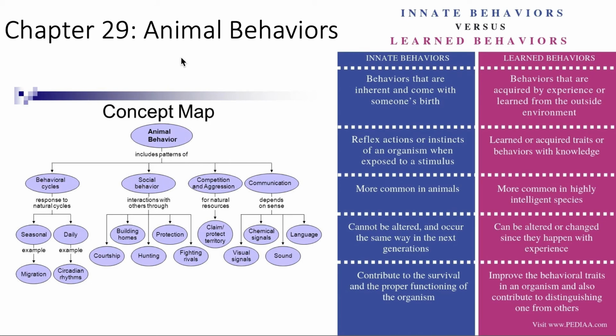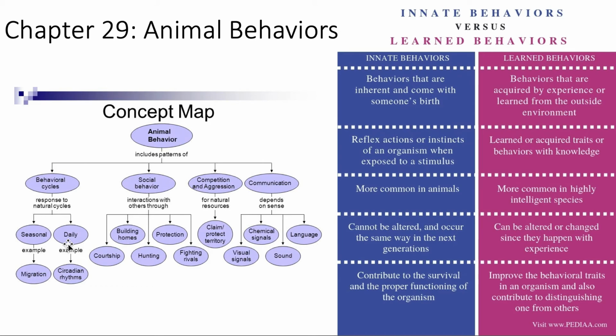Now, understanding it in the wild or in the environment, how's that? One is you're going to have behavioral cycles, seasonal or daily. An example of a daily cycle is you going to sleep, you're going to work during the day, or to school during the day, sleep at night. That is called a circadian rhythm. That is a behavioral cycle.